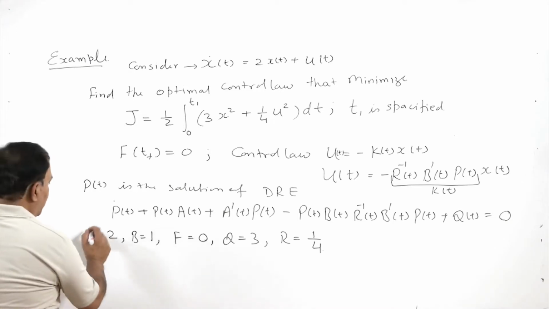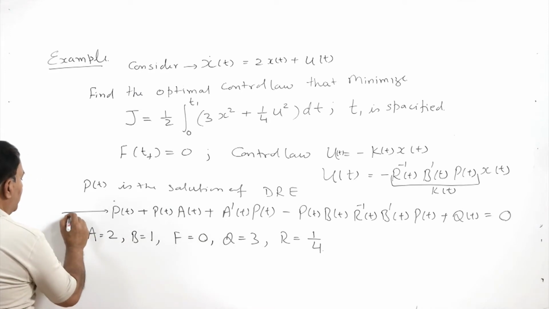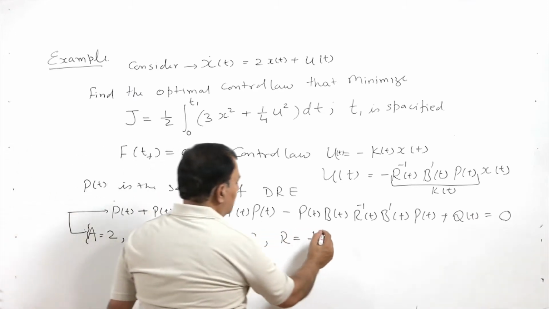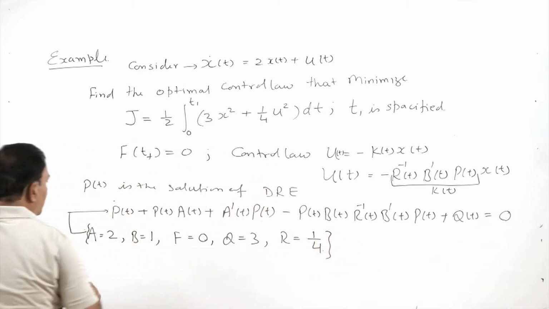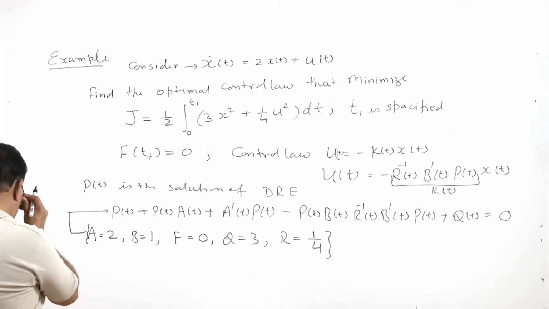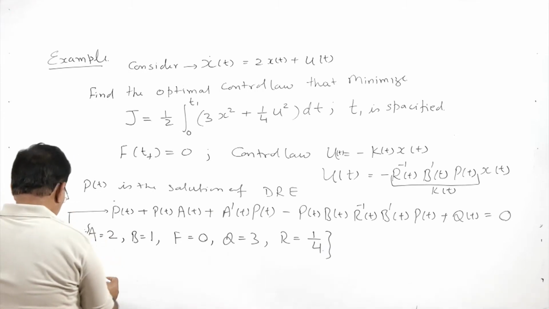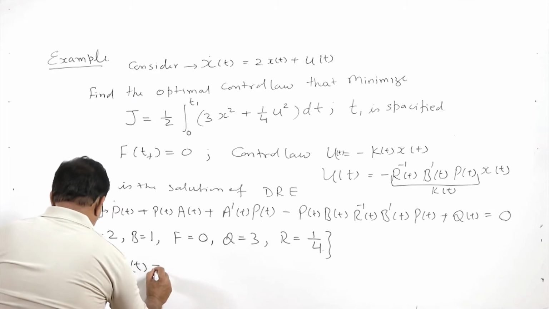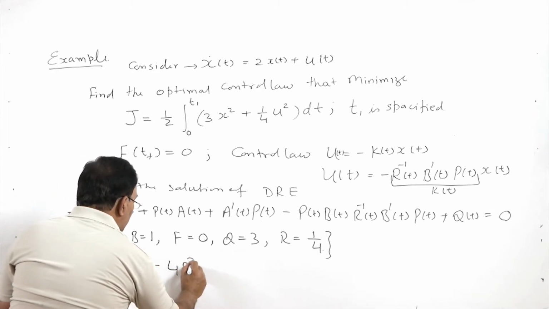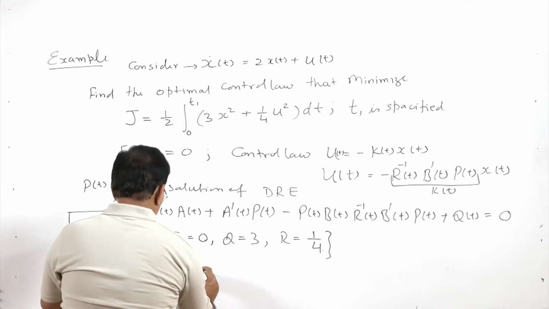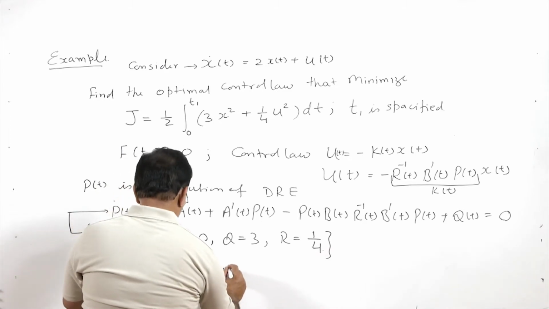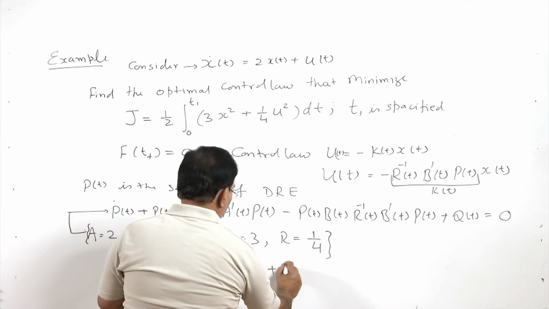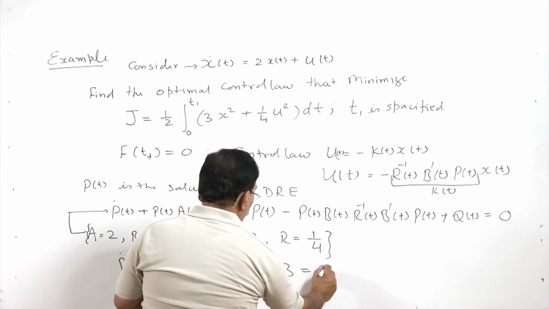So, if I substitute all these values in this equation, what will I get? I will get a final equation, which I am writing here, as P dot(t) minus 4 P square(t) plus 4 P(t) plus 3 equal to 0.